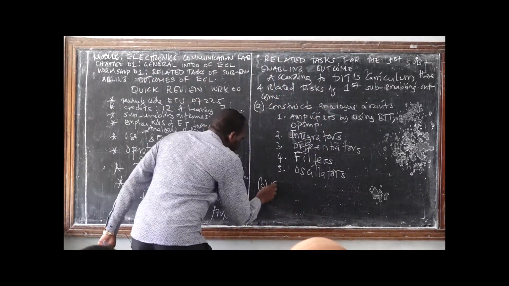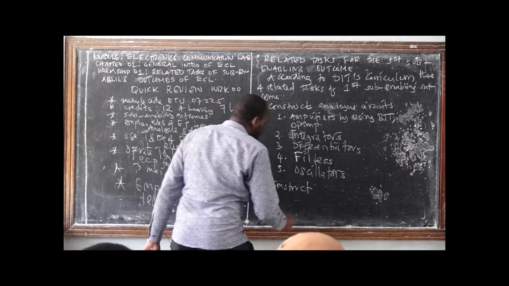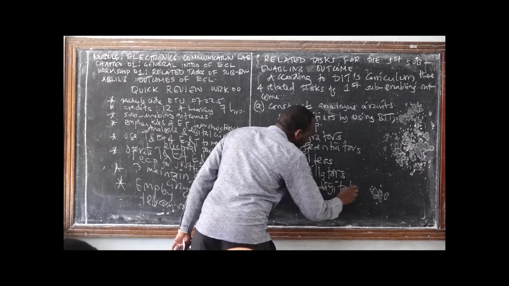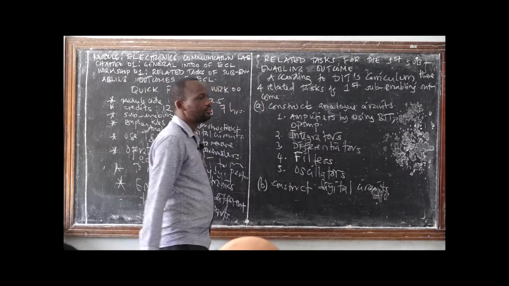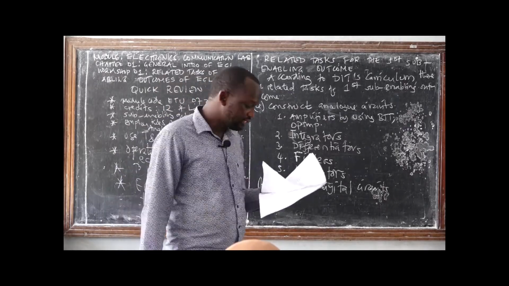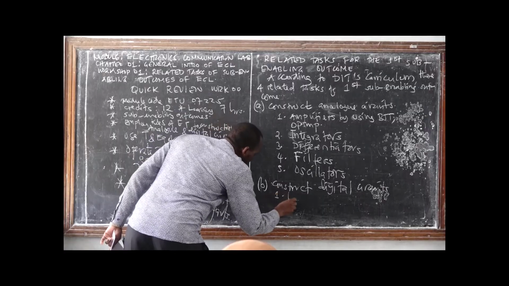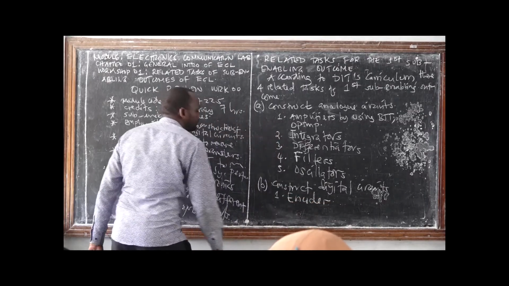B. The second related task in this first sub-enabling outcome: a student also has to be able to construct the following digital circuits. The first digital circuit that a student has to be able to construct is the encoder.